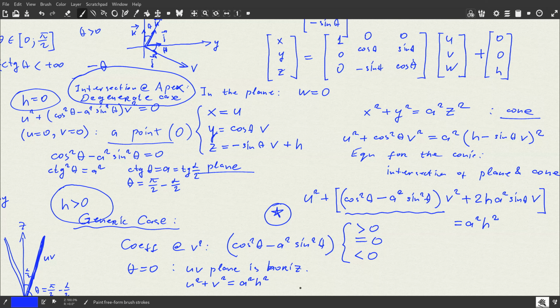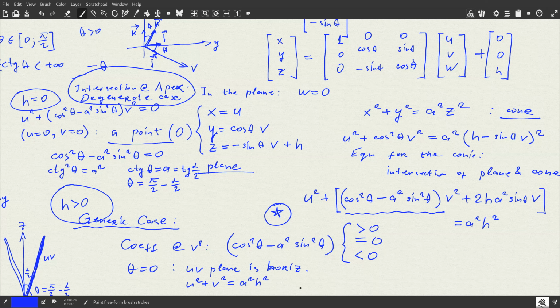So this whole term, cosine squared theta minus a squared sine squared theta, is decreasing, right? Originally, it was 1. Now it is decreasing, but it is still positive. What do we get? We effectively get an ellipse.